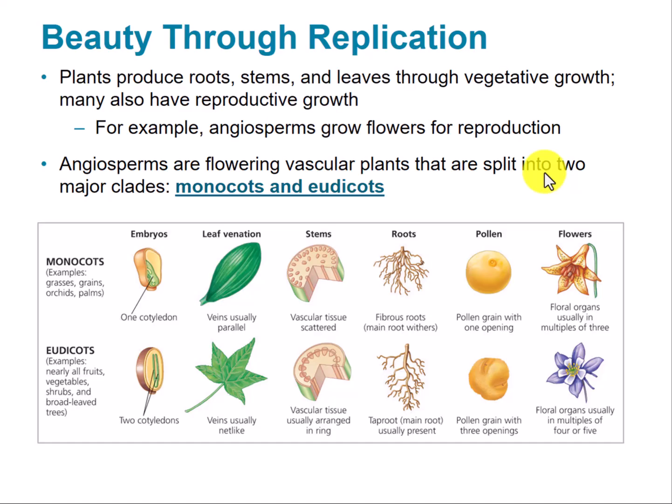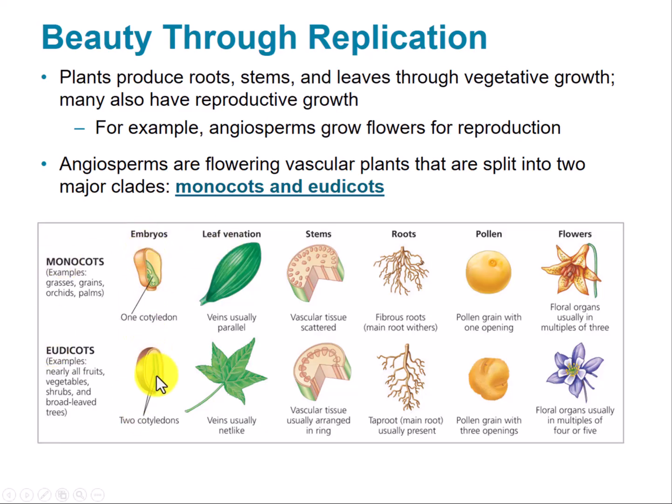One of the biggest distinguishing features is whether you have one cotyledon, which is our mono, meaning one cotyledon, or two cotyledons, meaning our dicots, or as in this text, called eudicots, true dicots.